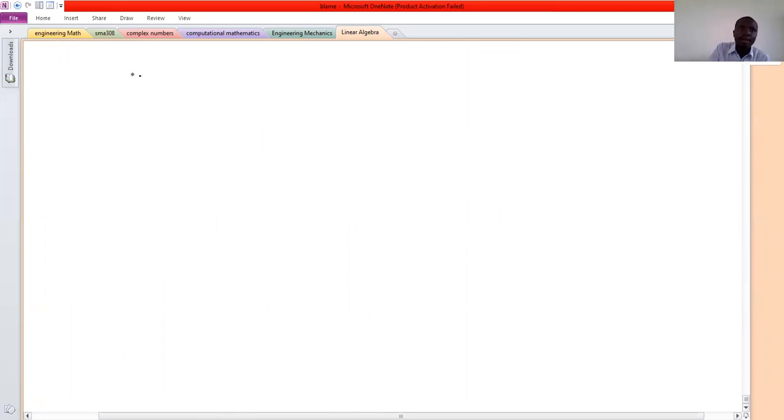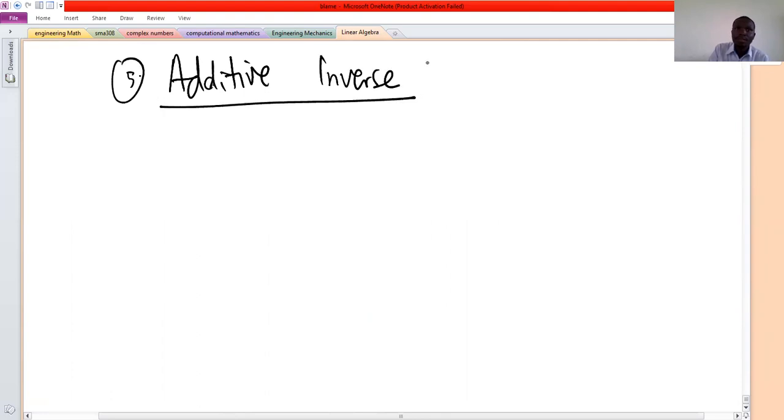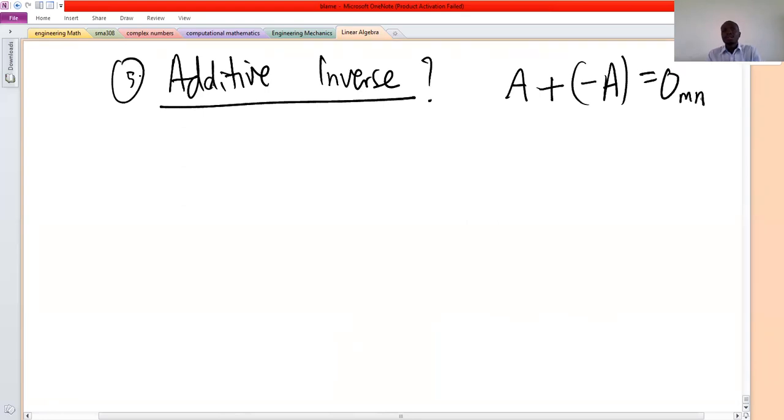Then number 5, additive inverse. We show that if we have a matrix A plus another matrix minus A, then we have the identity matrix.